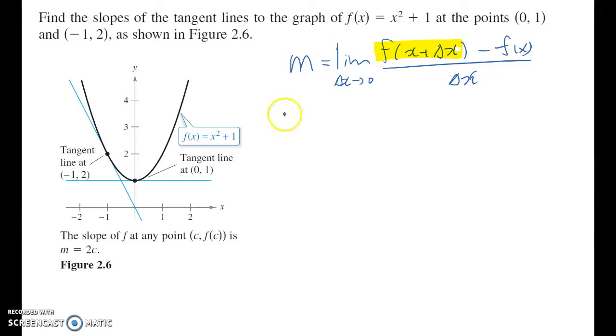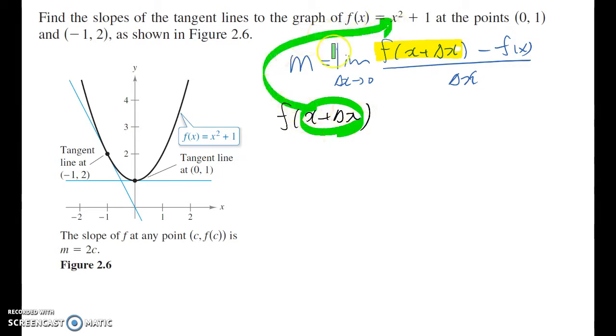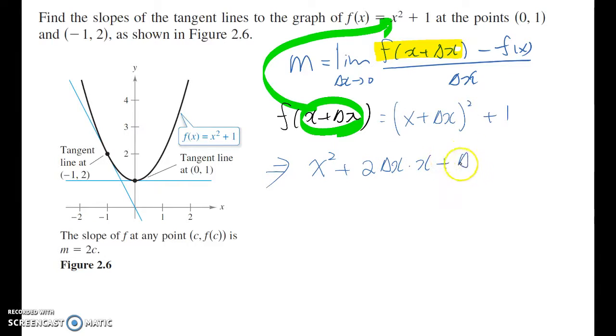So, how to find f(x plus delta x)? Yes, we plug this into here basically, right? Then this is going to be (x plus delta x) squared plus 1. If you're using the FOIL method, then it's going to be x squared plus 2x delta x plus delta x squared plus 1 basically.